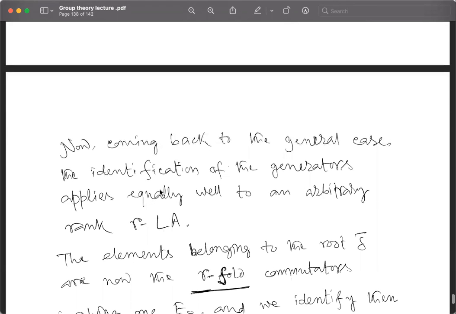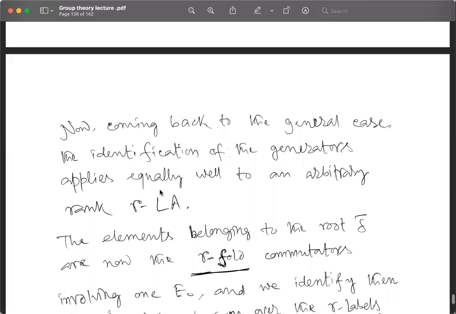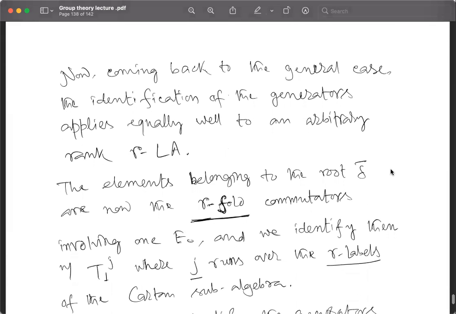So now coming back to the general case, the identification of the generators applies equally well when arbitrary ranks are in the algebra. So though initially thought to be applicable only in the infinite dimensional algebra, one can certainly use this kind of presentation for the finite dimensional algebra. So that's what we have called the dimension or the rank r.